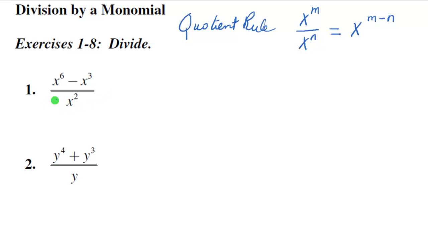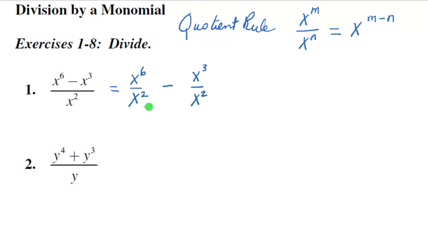So here's the first example. We've got x to the 6 minus x cubed divided by x squared. What we want to do here is split this up and make them single fractions. So I'm going to write x to the 6 over x squared minus x to the third over x squared.